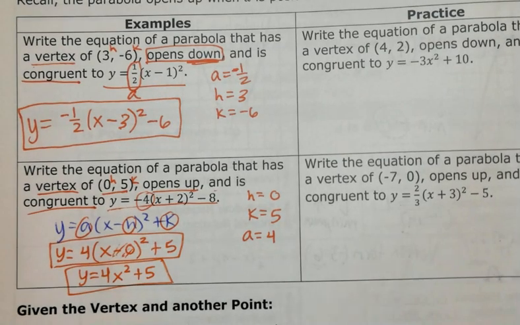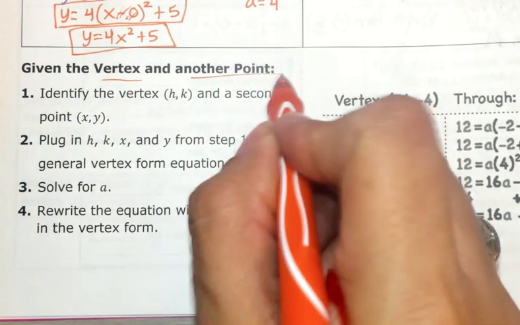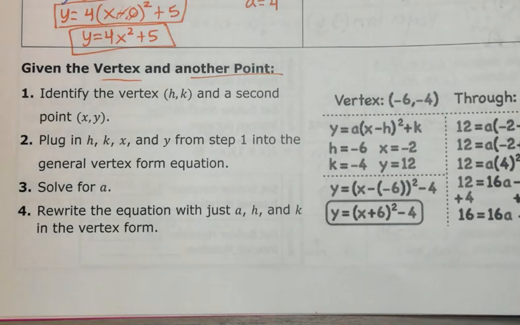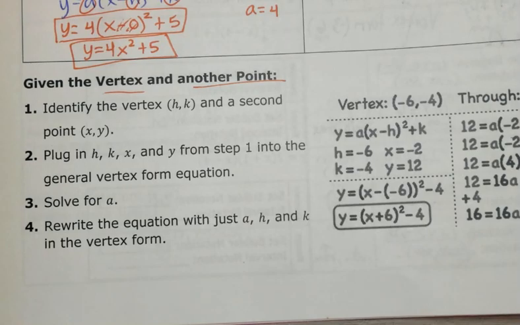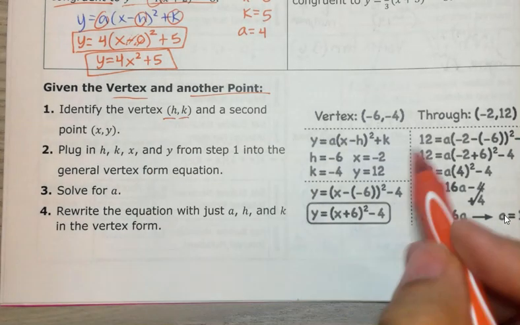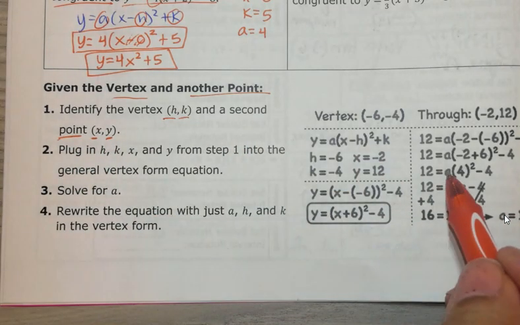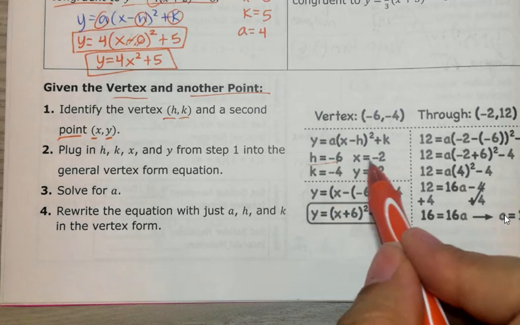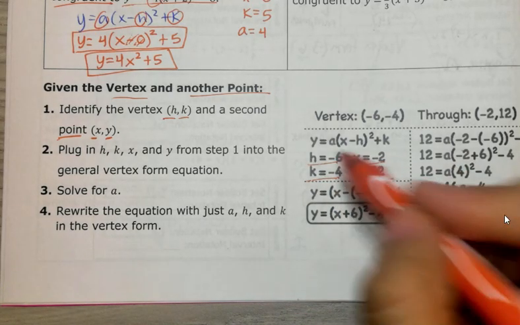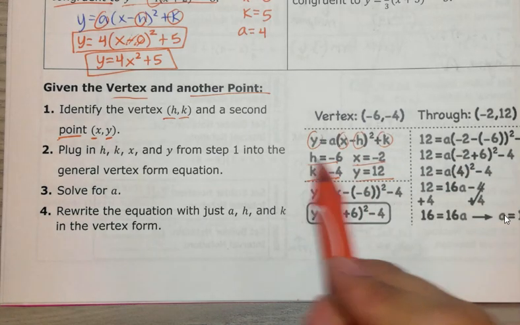Alright, the next part of the video is explaining how to write an equation given a vertex and another point. This whole process is what you need to do. You will have to use the H and K that they give you, and use the x and y value of the point that they give you. So you need 4 values, and you're going to replace these 4 parts with numbers.